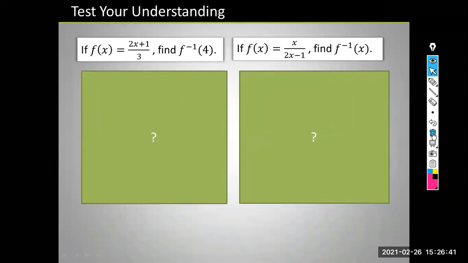Try this. Find inverse of 4. So once you find the inverse function, you need to replace your value of x with 4.